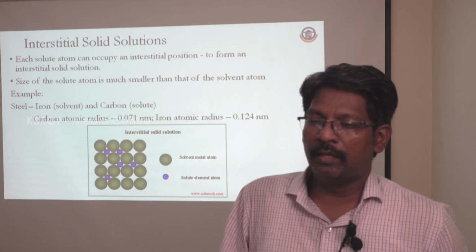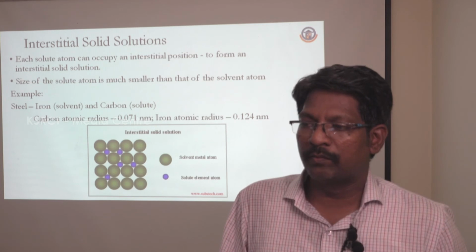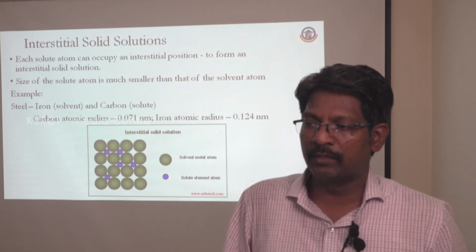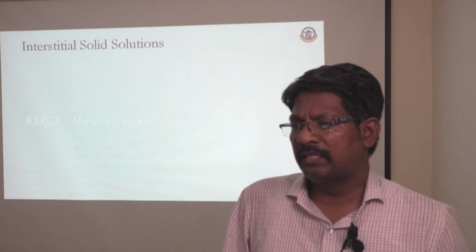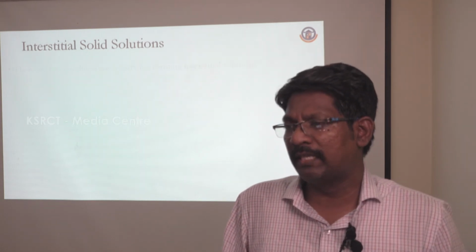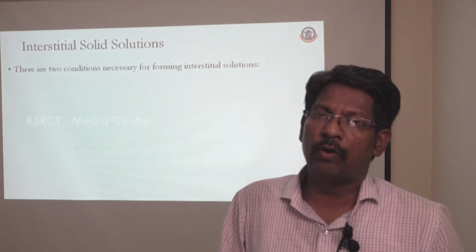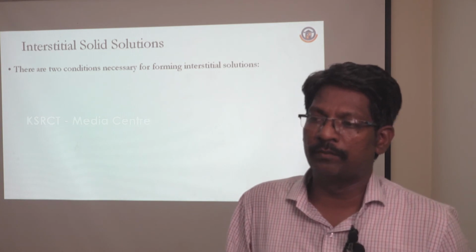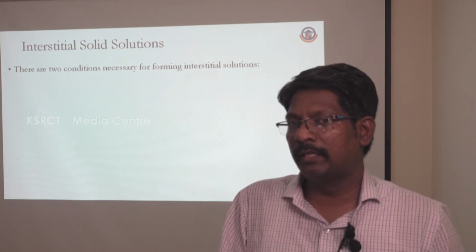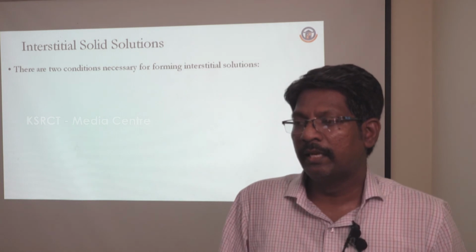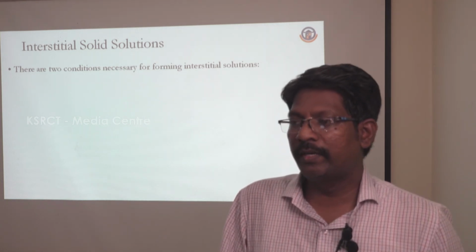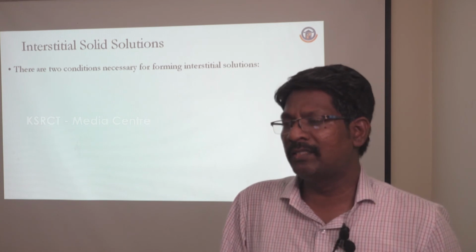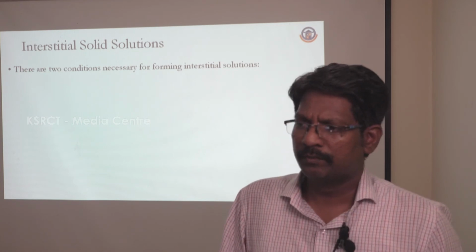We have found the atomic radius of the carbon atom as well as the atomic radius of the solvent atom. This is the condition that needs to be satisfied to form the interstitial solid solution. As with the earlier set of conditions, here also there are two conditions that need to be satisfied in order to realize the interstitial solid solution.